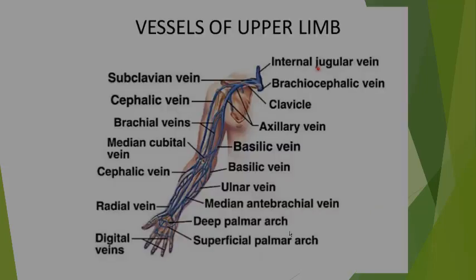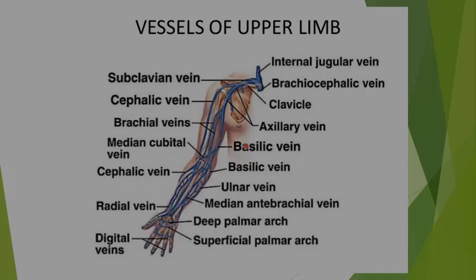arch. So these are the main vessels or the veins of the upper limb: the subclavian, cephalic, brachial, median cubital, cephalic, the branches from the cephalic vein, radial vein, and digital veins. And we also have an internal jugular vein, brachiocephalic vein, which originates behind the clavicle, the axillary vein, the basilic vein.